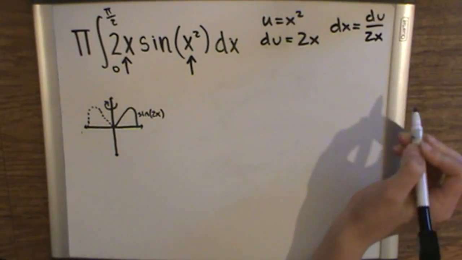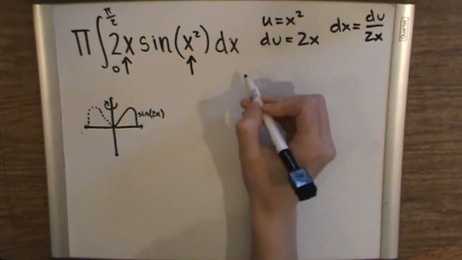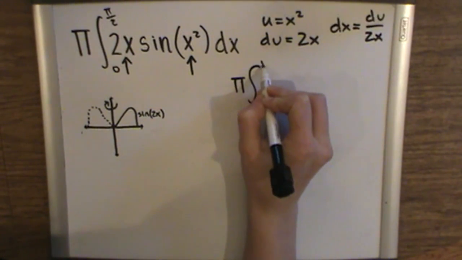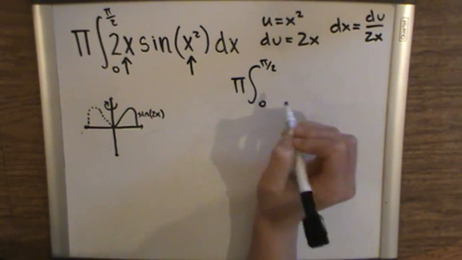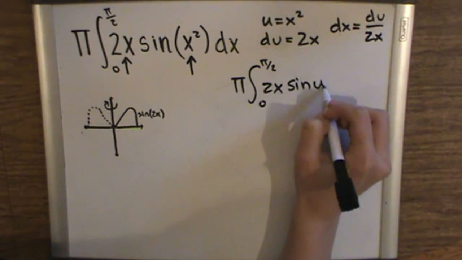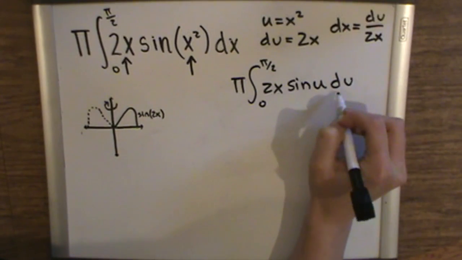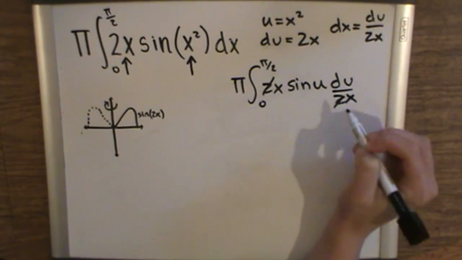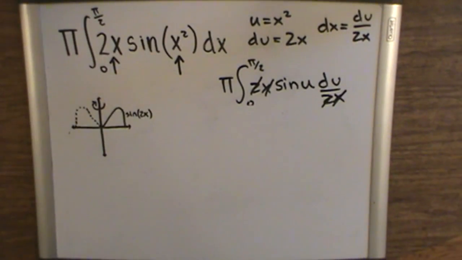And when this gets substituted back into the integral, it leaves you with pi times the integral from pi over 2 to 0 of 2x, the sine of u, du over 2x. The 2's and the x's both conveniently cancel.